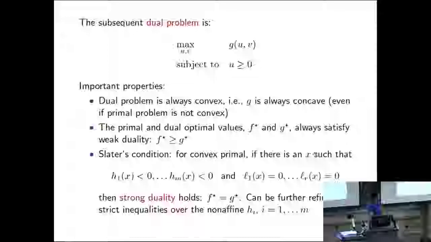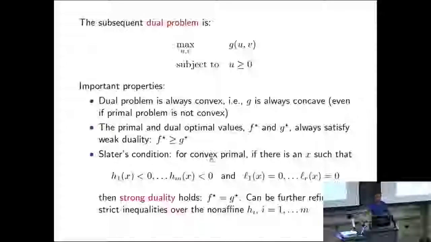And at the end, I told you about an example of what's called constraint qualification. This is a particular form of that called Slater's condition, which is, these are conditions under which we get strong duality, that actually in constructing this dual, we get an optimal value g star that's exactly equal to f star. And one of those conditions, the one we learned, which is a simple constraint qualification condition, is called Slater's condition.